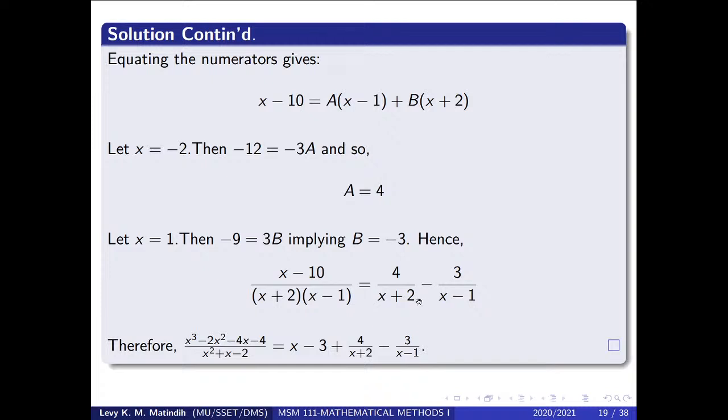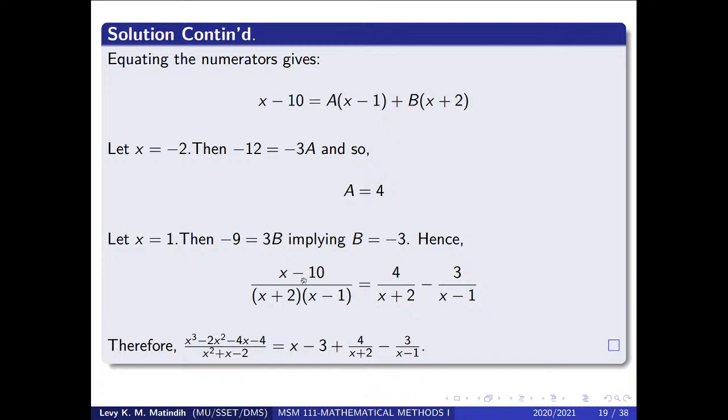Now, if we go back to our original function, we say that x cubed minus 2x squared minus 4x minus 4 divided by x squared plus x minus 2 was equal to x minus 3 plus x minus 10 divided by x plus 2 times x minus 1.